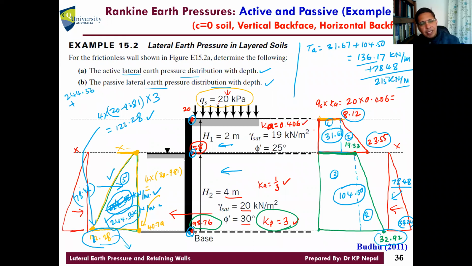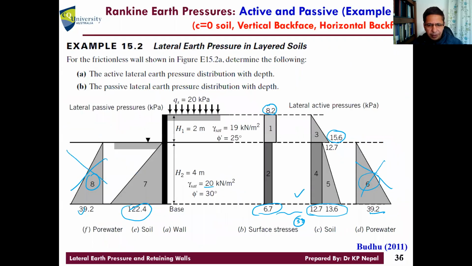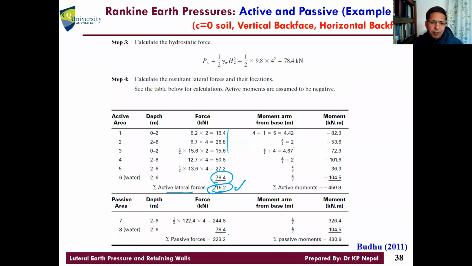How much is the total passive? 323. Let's say 323 kilonewton per meter. Is that what they calculated at the end? Yeah, 323 is the total passive. That matches with ours, right?